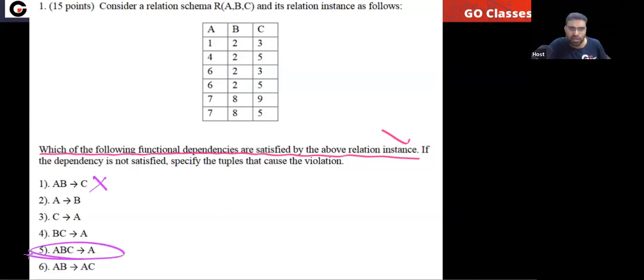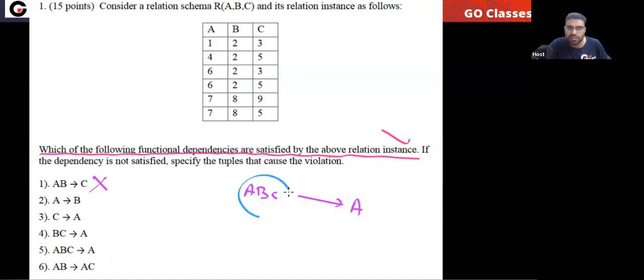Can you tell me about ABC determining A? You have only three attributes. Can this repeat? This cannot repeat in the relational model.